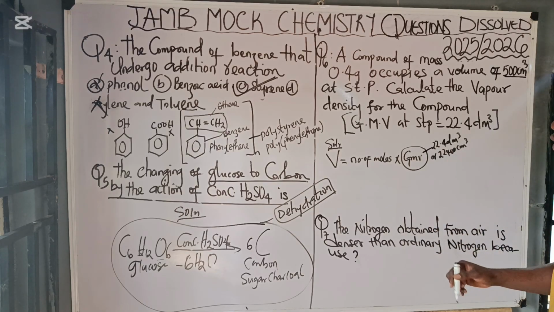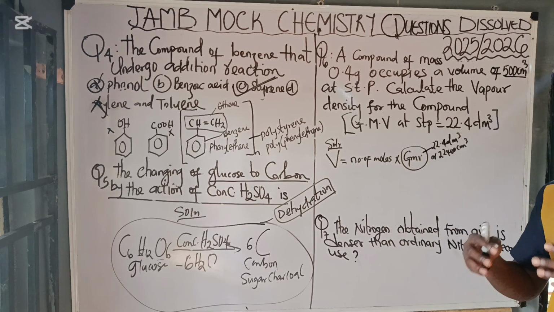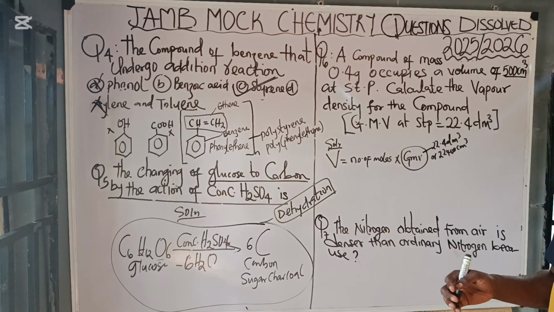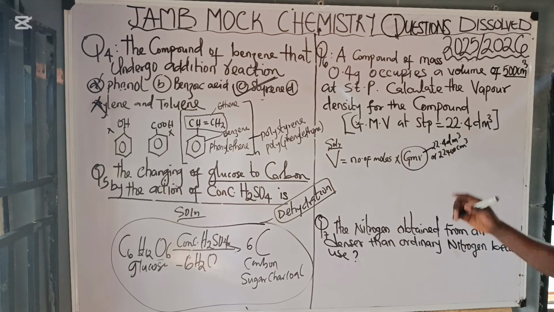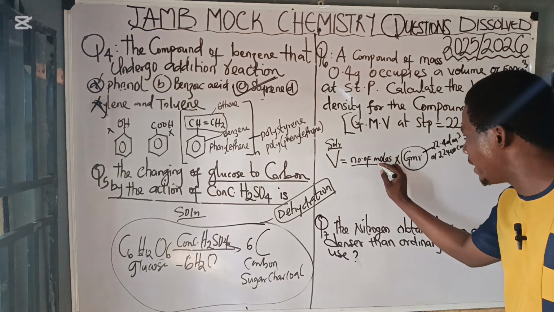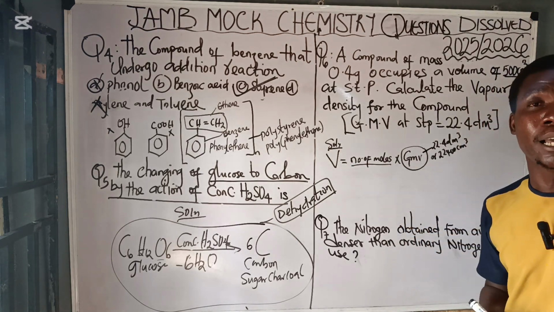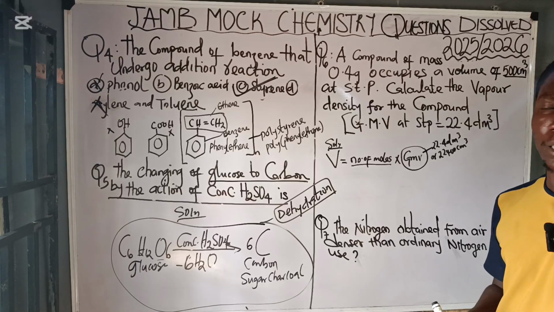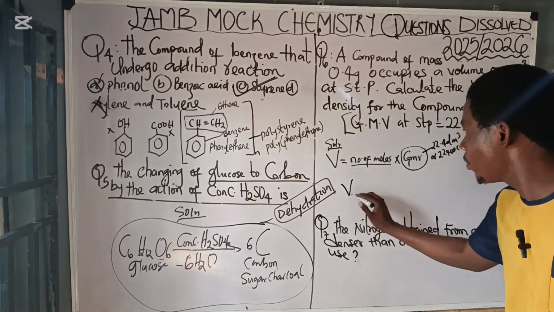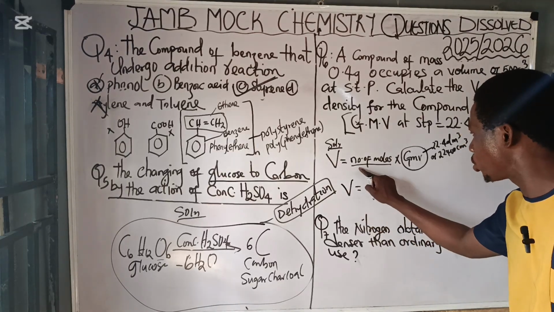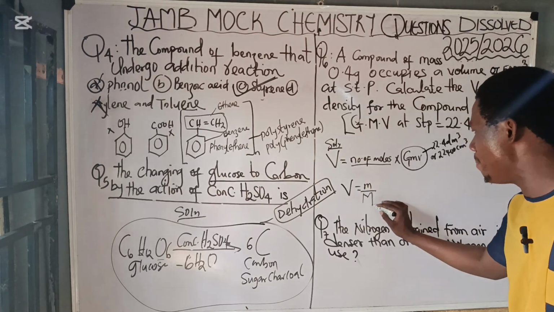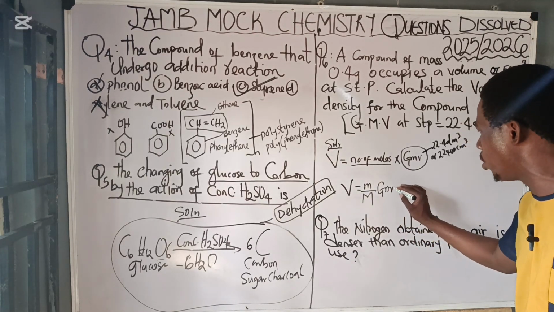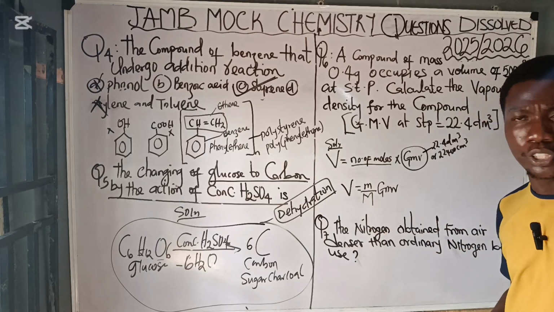Do you understand? So if I'm looking for the volume of a gas evolved at STP, it will be the number of moles of the gas times the gas molar volume. Now, this number of moles is the same as mass over molar mass. So that means the volume of the gas will be equal to mass over molar mass times the gas molar volume.